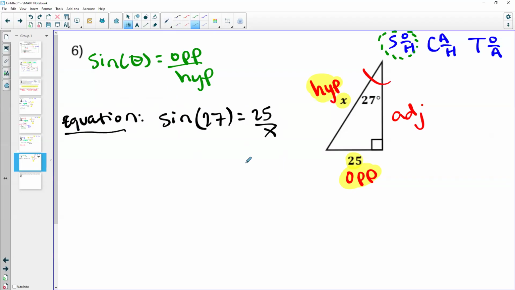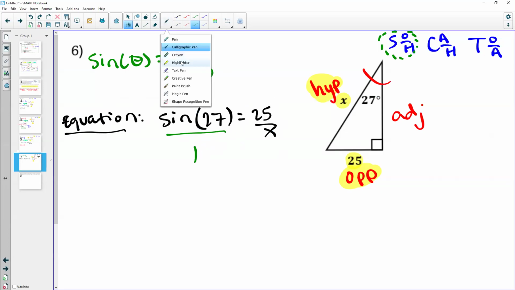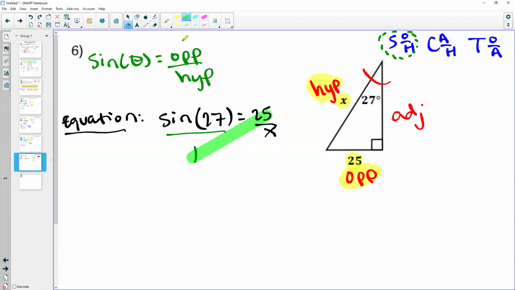To solve, you put the left-hand side of your equation over 1. We're making this a fraction so that we can cross multiply. If we cross multiply here, we're looking at 1 times 25, which is 25. That's equal to, looking at the other diagonal, x times sine of 27. As we look at this equation, the x is not by itself, so I don't know what x equals yet.